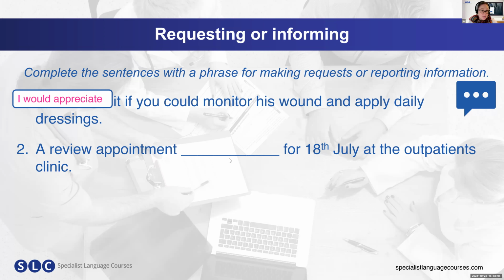So you want to tell them that it's already organized. So yeah, "has been arranged," "has been scheduled," yes, "is booked for" also. I'd use present perfect here because it happened in the past, but it relates to the present and future.